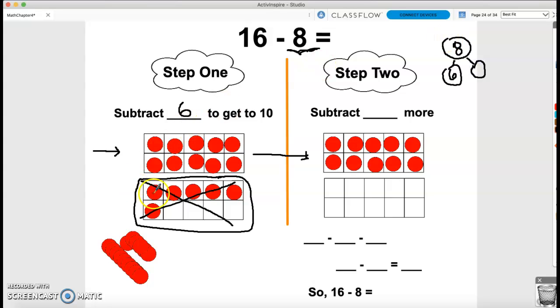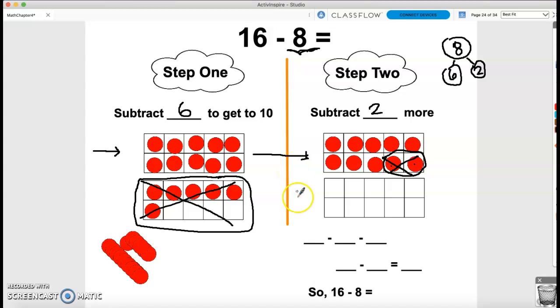So if I have 6, 7, 8. So here is my 7 and my 8 that I'm going to take away. So I'm taking away my other number, I'm breaking it apart, is 2. So I'm going to subtract 2 more.